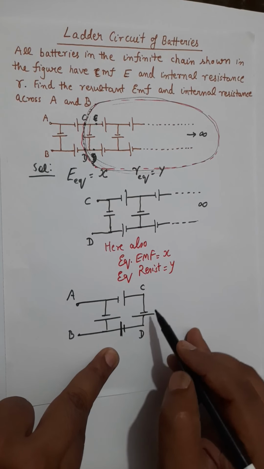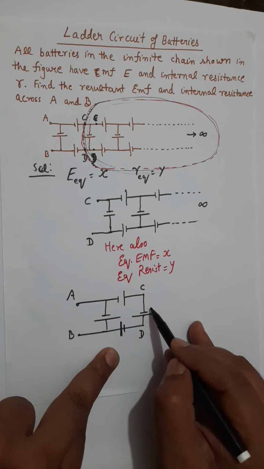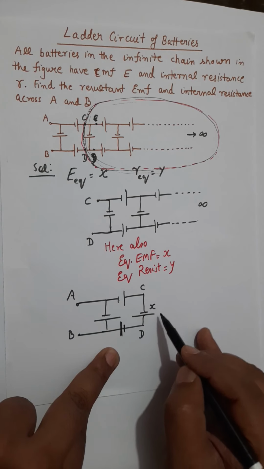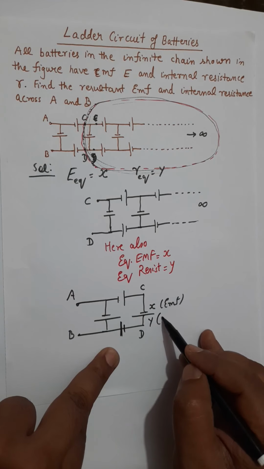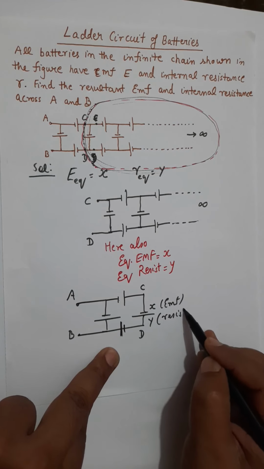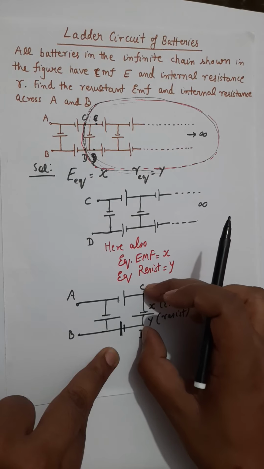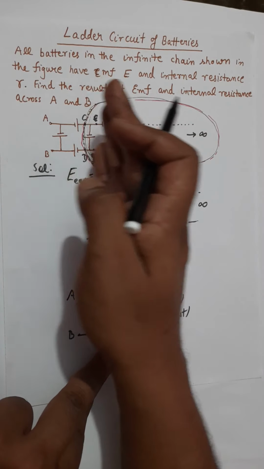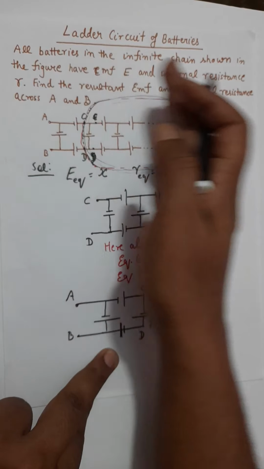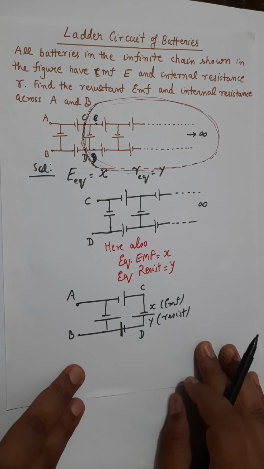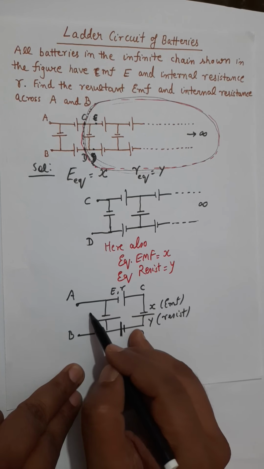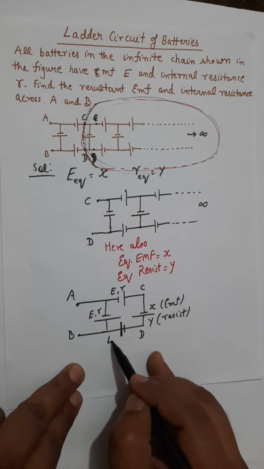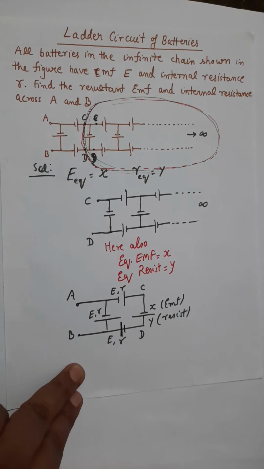This single battery will represent the equivalent after point C and D and up to infinity. So this single battery has EMF X, and it has a resistance of Y, because it is the equivalent of the entire circuit after point C and point D. All other three batteries have EMF E, resistance R, EMF E, resistance R, EMF E, resistance R. Right.